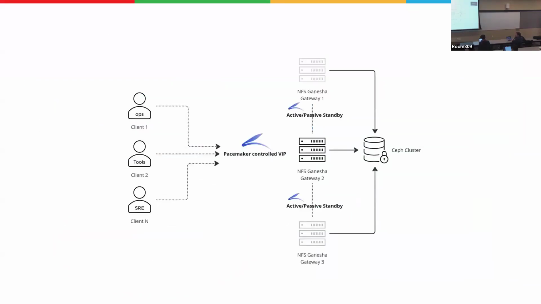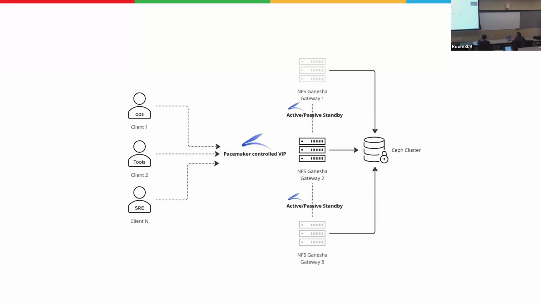So this is what it would look like. We are abstracting OpenStack in this picture. The users we are mentioning here are OpenStack users, and they are mounting shares on VMs or shared file systems. In this example we have 3 instances of NFS Ganesha, and this is active, passive, standby. Pacemaker will be controlling a VIP.